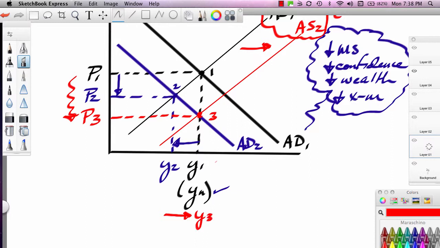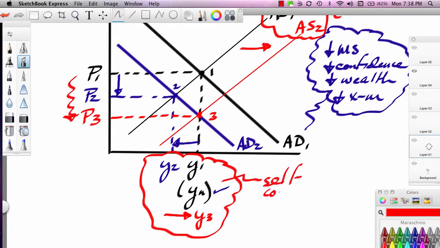And here's the idea of a self-correcting system. This was not directed by any government agency. It was not directed by a few human beings, some sort of economic czar or dictator. This is basically market forces working.